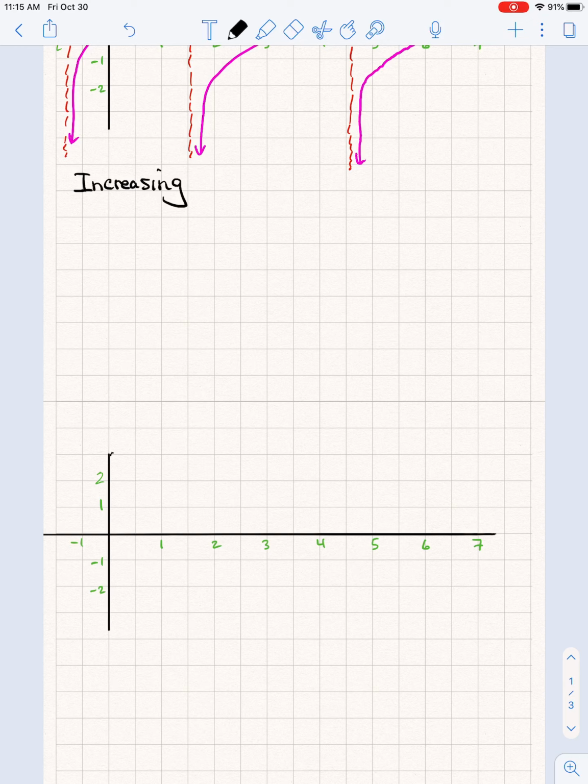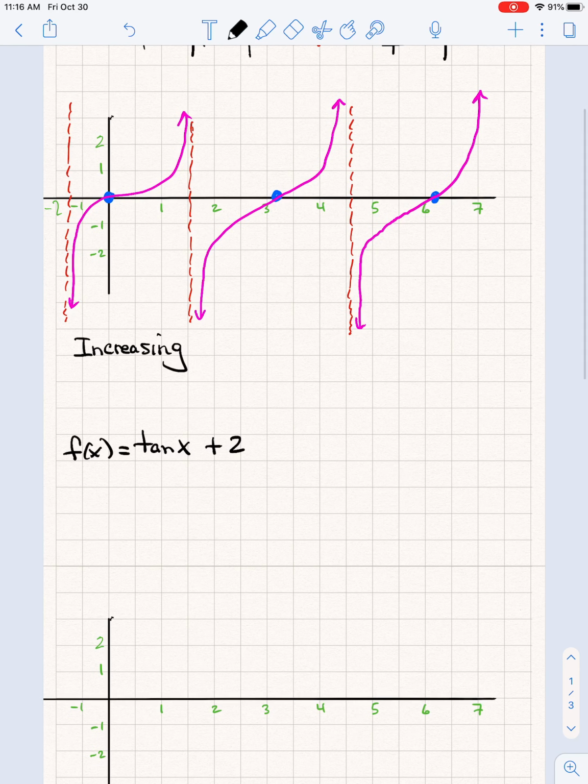Let's take a look at a second example. Let's suppose we have f of x equals tangent of x, and then I've got a plus 2. I thought of something different here. We didn't talk about the period of the tangent.